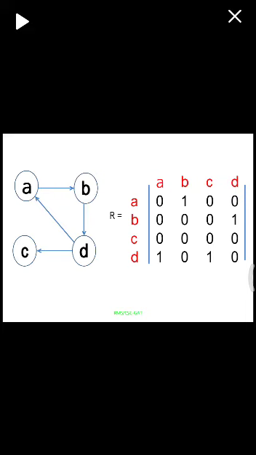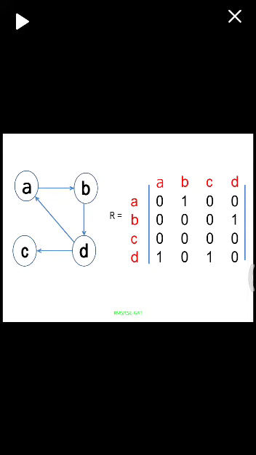Now if I see this adjacency matrix, all the values which are written are direct edges, from one vertex to another vertex directly. So there is no intermediate vertex here. For example, A to B I have written 1, meaning we have a direct edge from vertex A to vertex B with no intermediate vertex.